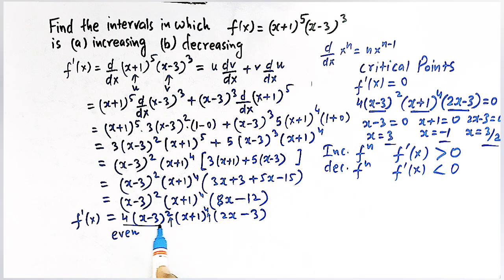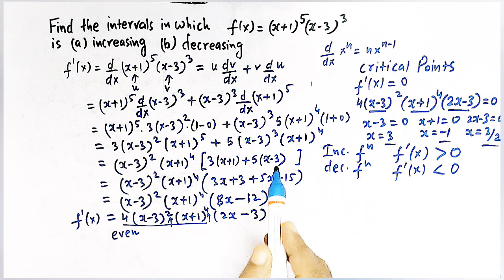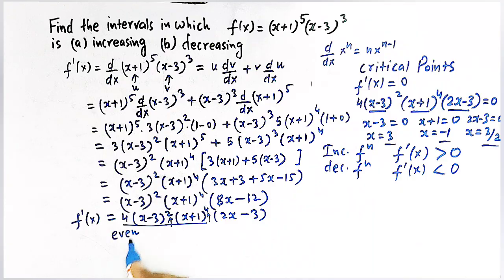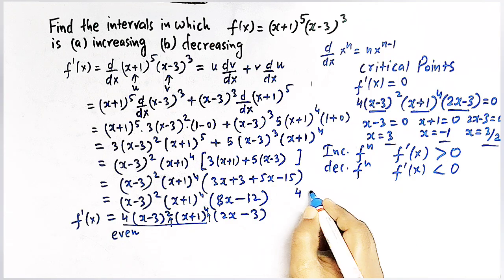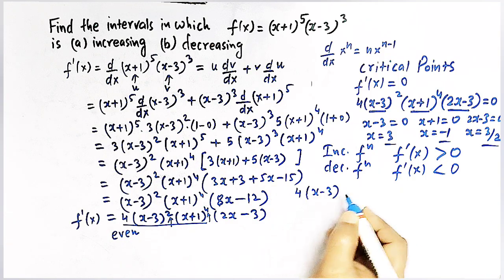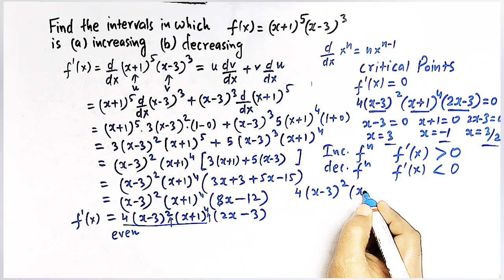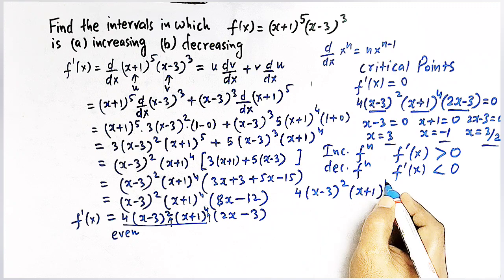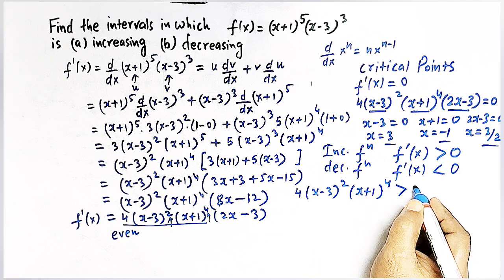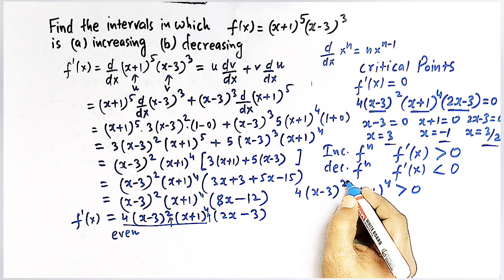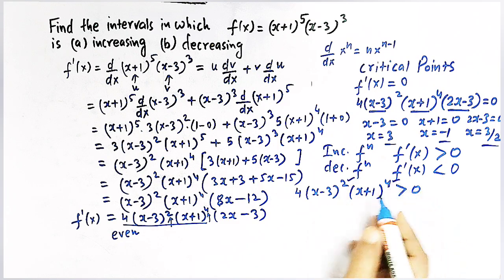So this term, that is 4(x - 3)^2 (x + 1)^4, is always going to be greater than 0 for all x belonging to the domain, because here we have 2 and here we have 4.